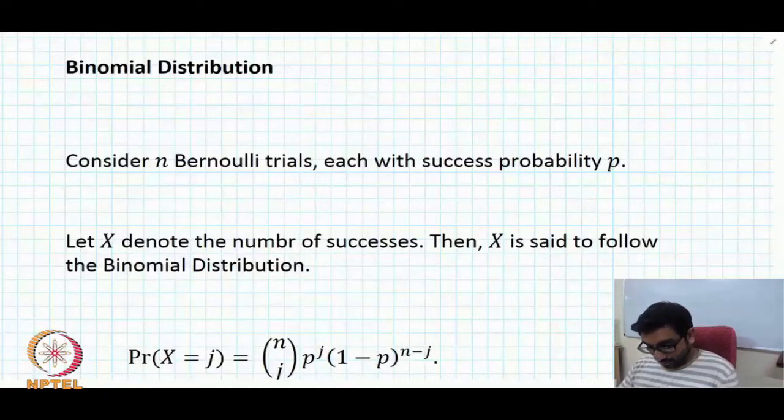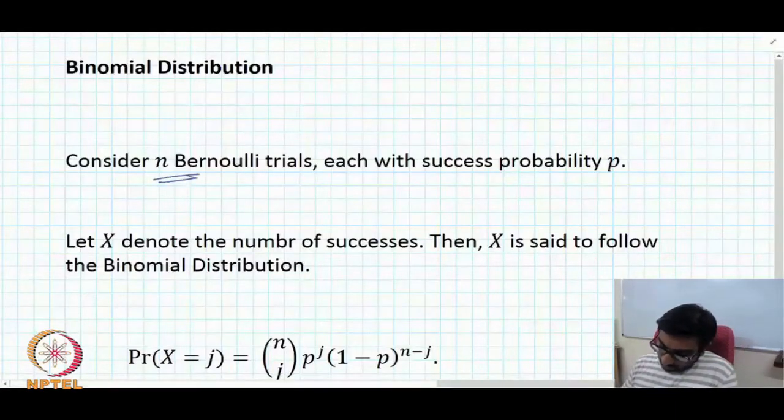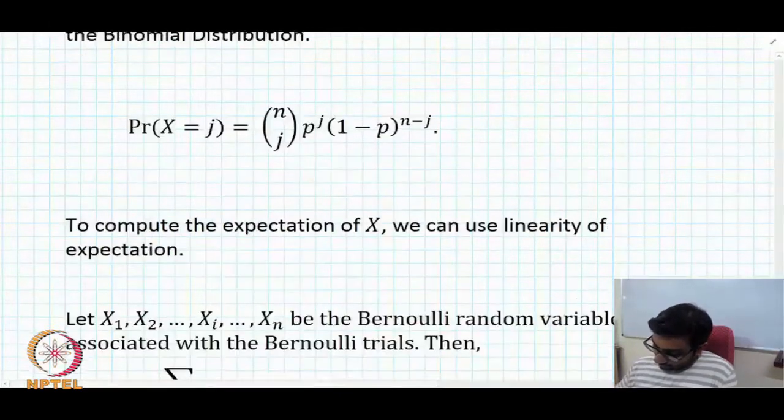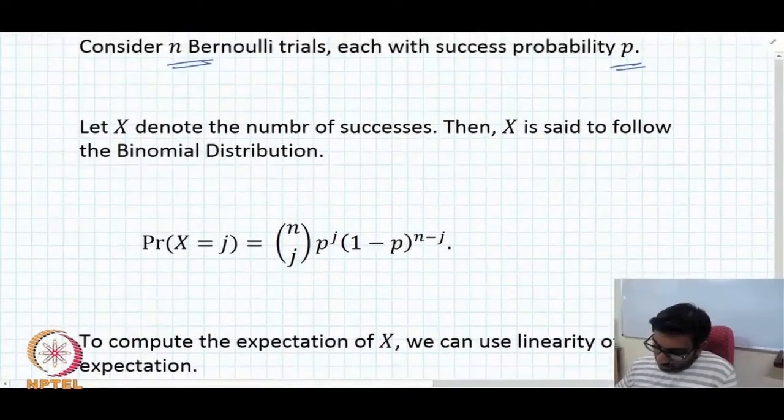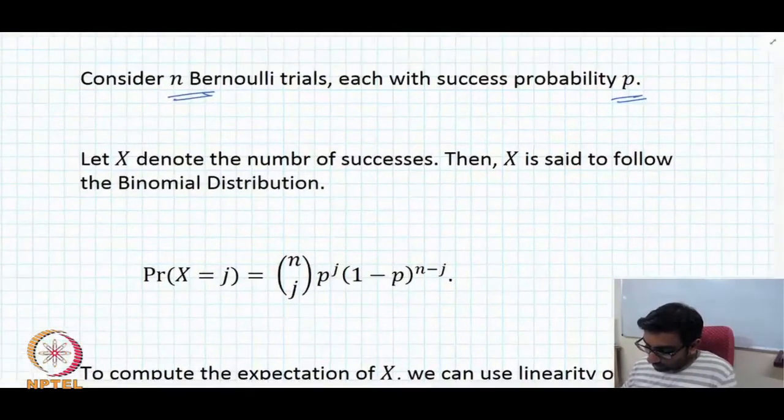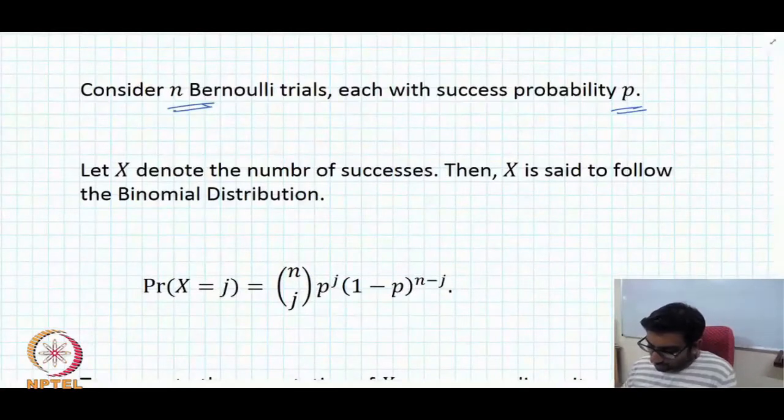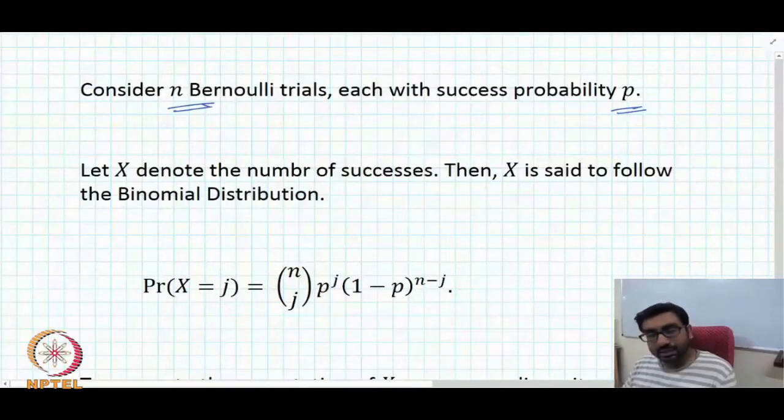In the binomial distribution, we have n Bernoulli trials, each with success probability P. And here our random variable X denotes the number of successes that we see in those n Bernoulli trials.